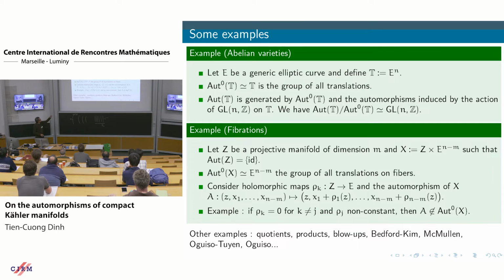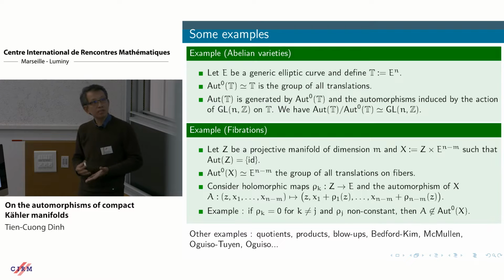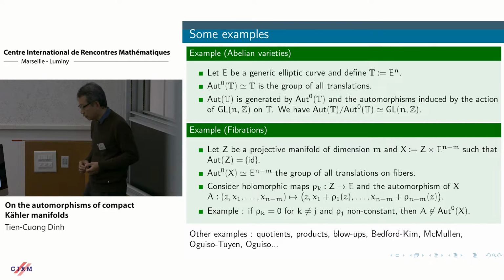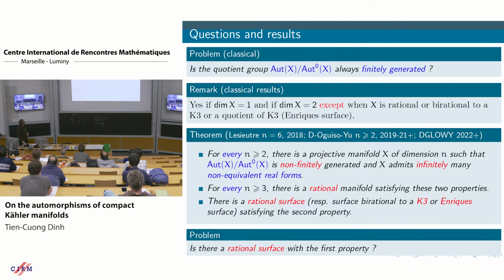The formula is given here. You have more examples by taking quotients, products, blow-ups, and then some other families of examples by Bedford-Kim, McMullen, Oguiso, and others. I'm not going to discuss all these more complicated examples. I will focus only on these two examples.